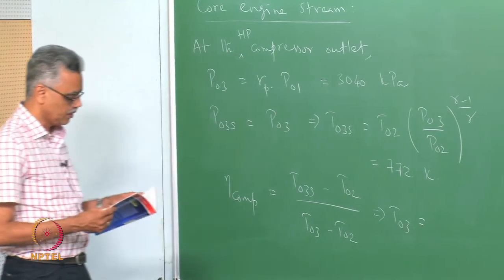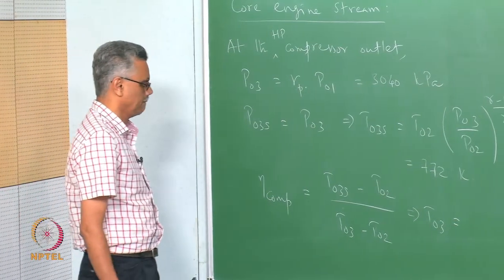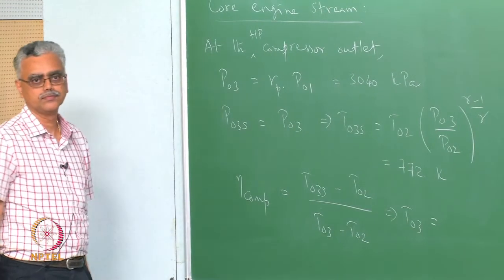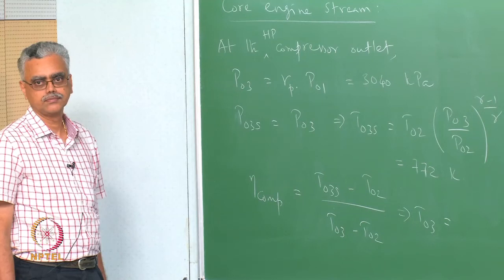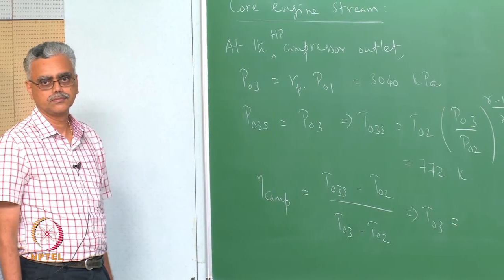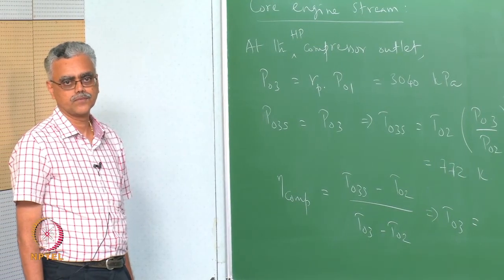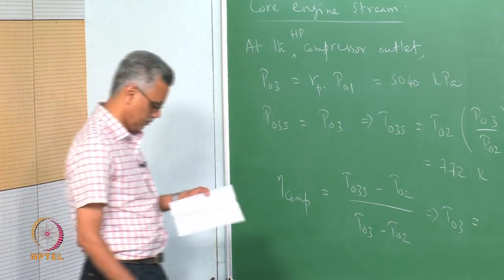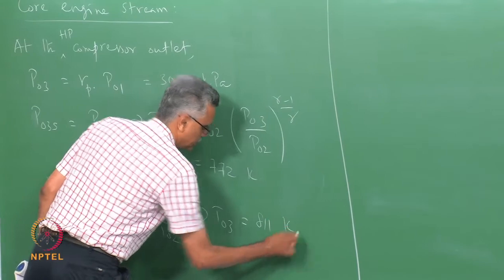The efficiency of the compressor is given to be 0.92. Yes, I have about 811 Kelvin, okay, that is close enough.